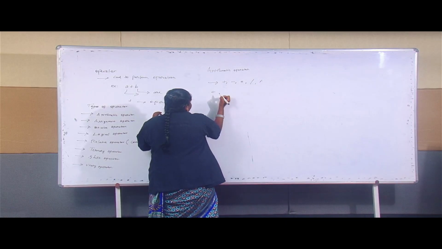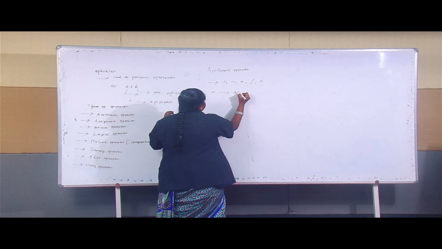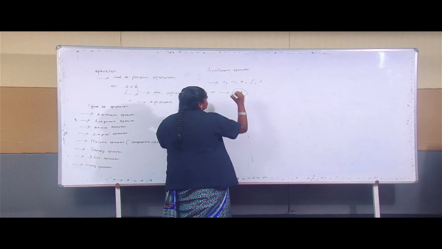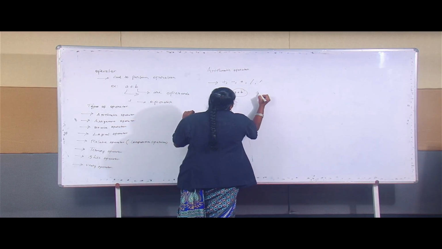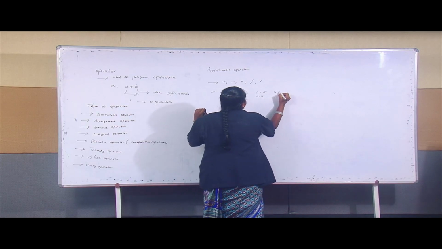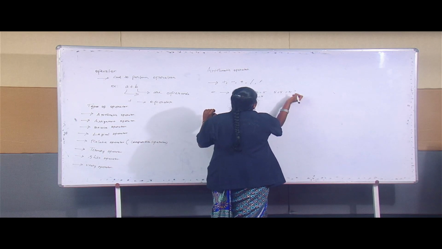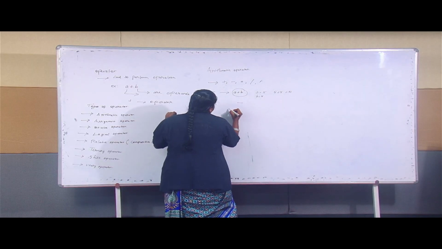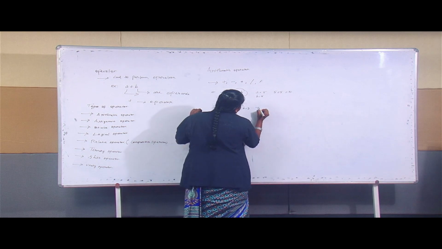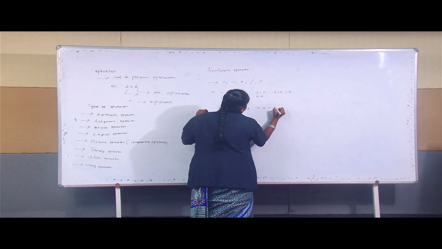Now, we will see about plus. Consider the example A plus B. It will add two values of these variables. Let us consider A value is 5 and B value is 5, means 5 plus 5 equal to 10. Then minus: A is equal to 7, B is equal to 3, means 7 minus 3 is equal to 4.